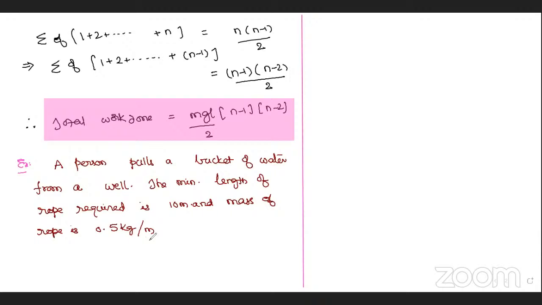I think you understood one point here. What will be the mass of the rope first? From the information, total length is 10 meters, so what will be the mass of the rope? Exactly, that is 5 kg, 0.5 into 10.